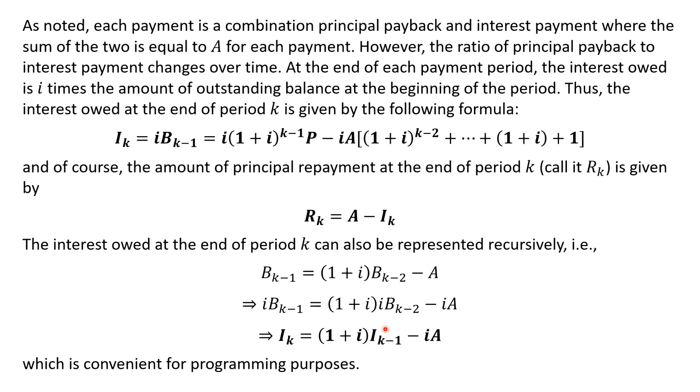So once you compute A, you can compute the first one of these interest payments. That gives you the second one, and so on. You can do this recursively. Okay, so let's look at an example on the next slide.